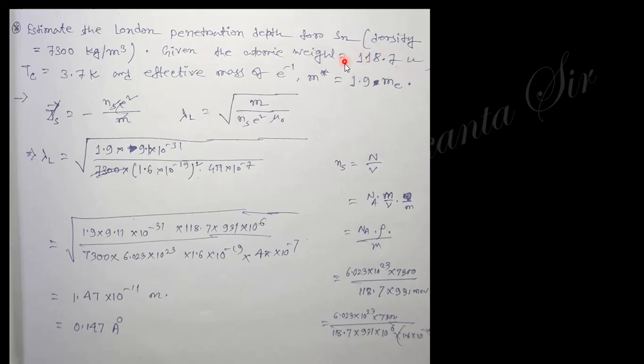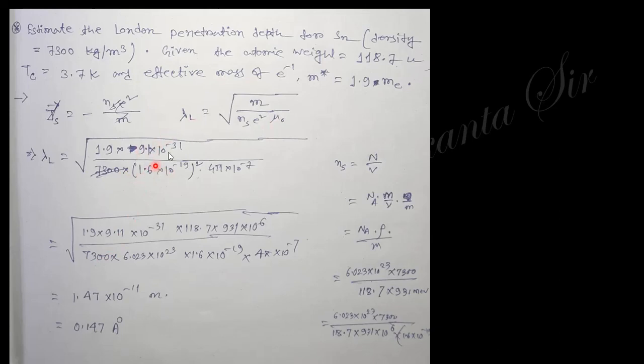The mass is nothing but this 118 point u. u can be converted into kg by multiplying by 931 MeV. And what is MeV? Mega means 10 to the power 6, and to convert eV to joule you need to multiply by the electronic charge, that is 1.6 times 10 to the minus 19. So I think you can do this calculation. After calculating, you will obtain these types of values.